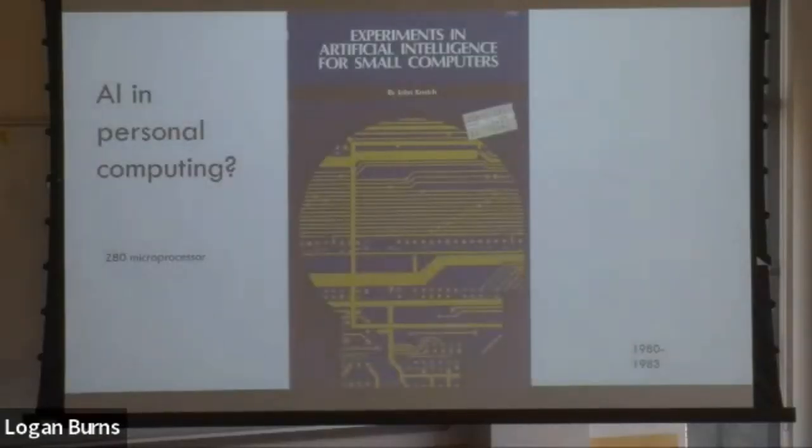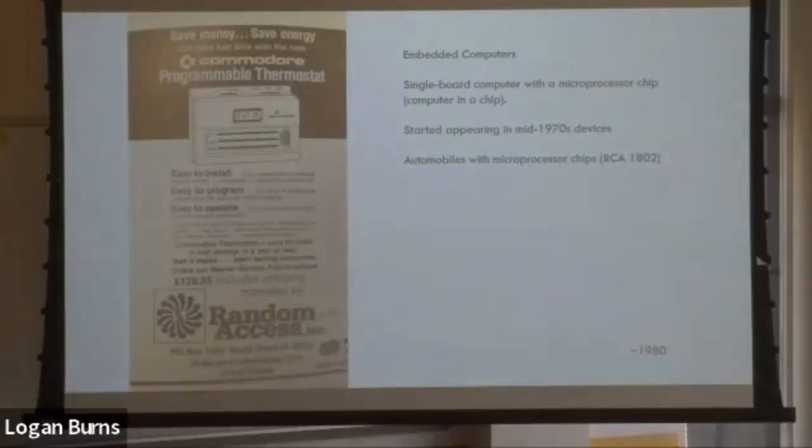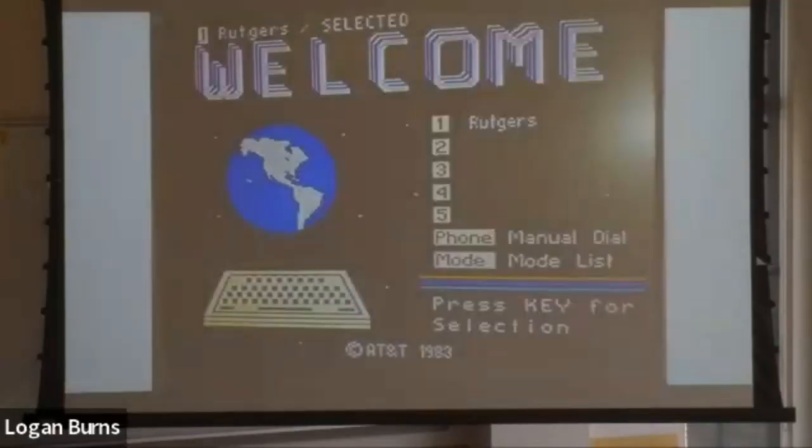AI and personal computing. This is a book based around Z80 computing. So they were actually trying to write artificial intelligence after a fashion in a 64K computing environment. Here's an embedded artificial intelligence thermostat. I'm assuming it had a 6502 in it.